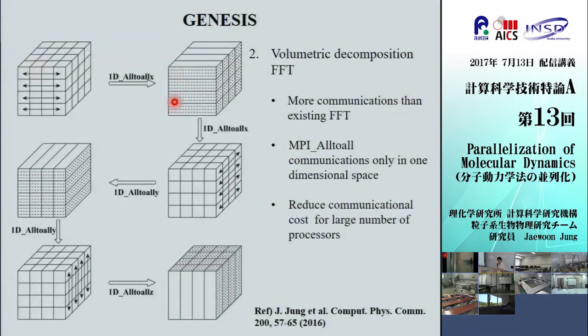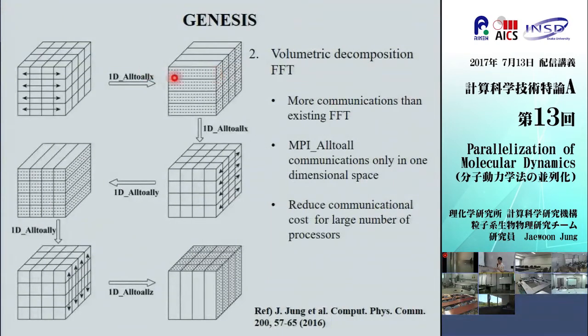To perform FFT in this direction, we need global data in this direction. So among these 4 processors, we perform one-dimensional all-to-all communication. Then each processor has data like this one, but they have global data in this direction, and you can perform FFT.